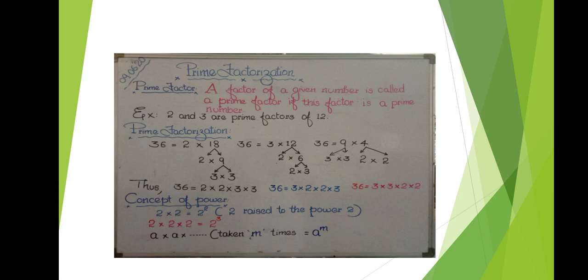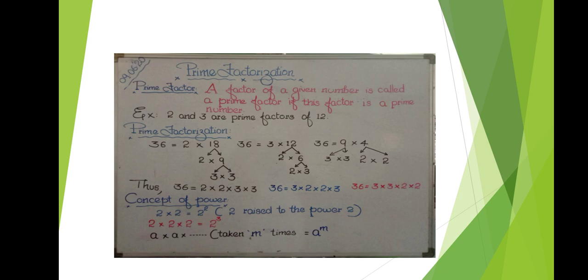And in the third case we have 3 into 3 into 2 into 2, that's equal to 36. And here what do we understand? We notice that in each of these prime factorizations, the factors may be arranged differently, but in fact they are the same. Thus we generalize this result as follows.